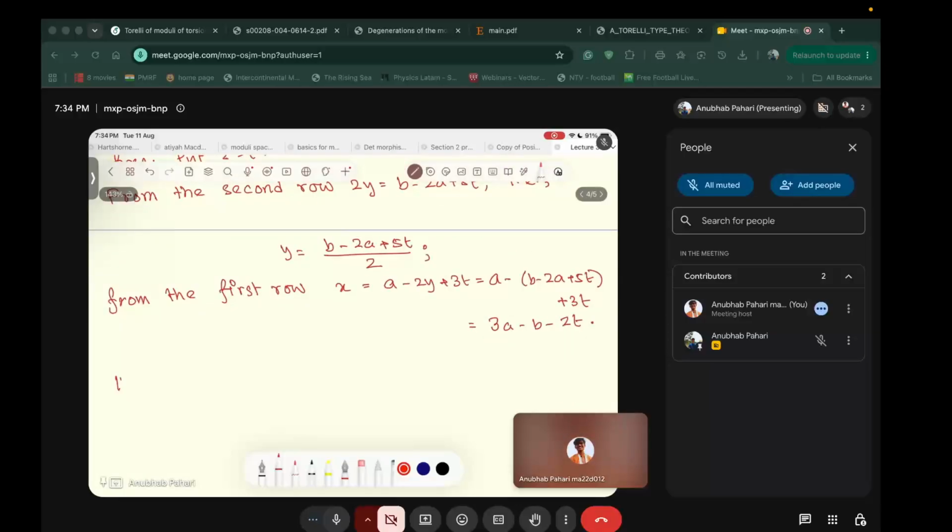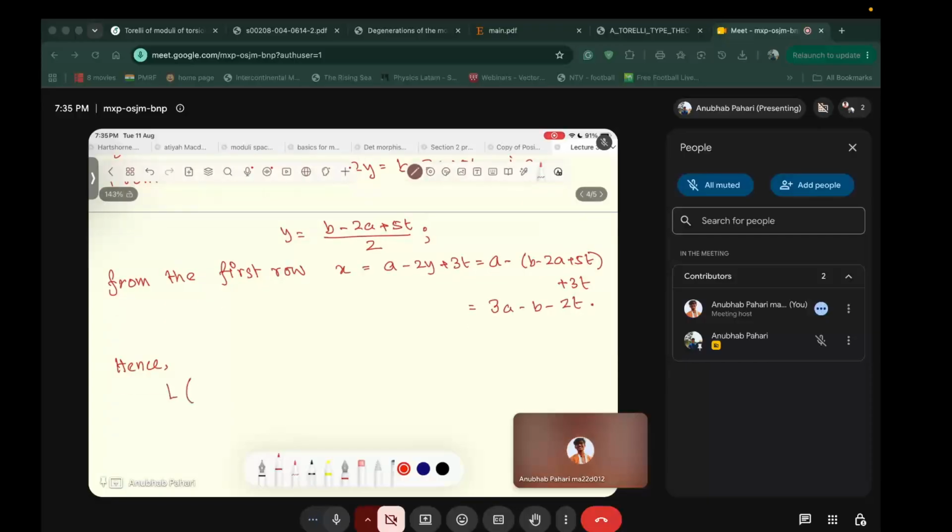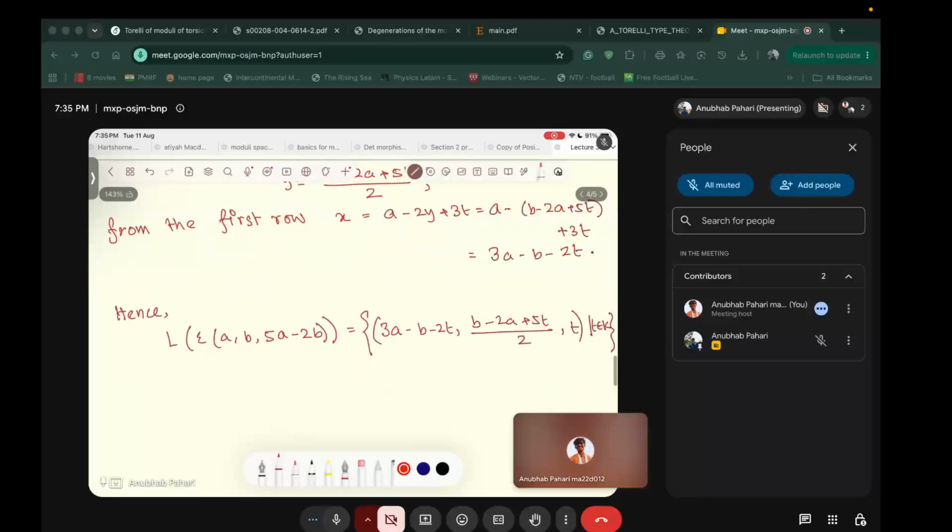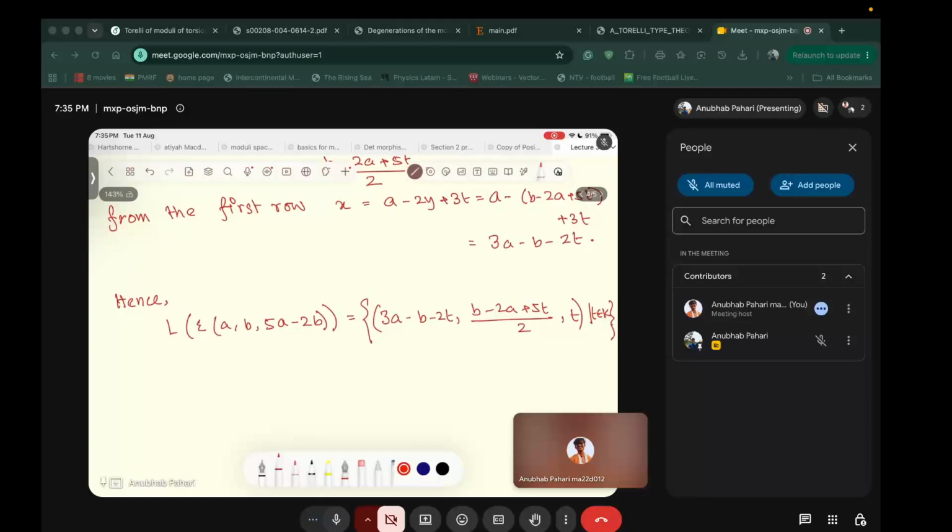Hence the solution set for a, b, 5a minus 2b equals (3a minus b minus 2t, b minus 2a plus 5t by 2, t), where t belongs to K.